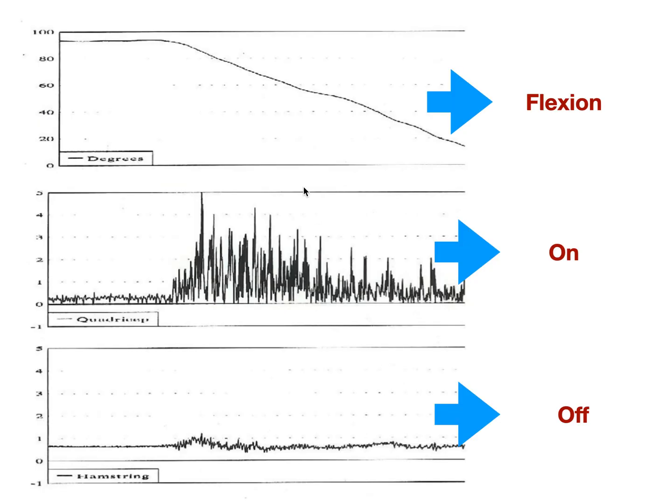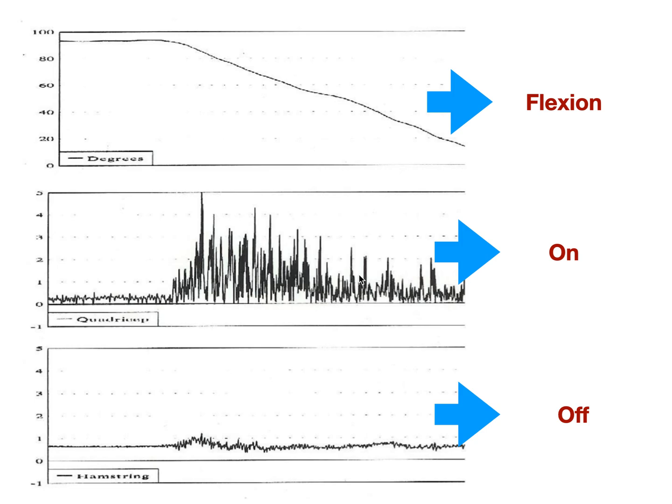So we can explain the task by these three graphs. By the knee angle, we know it's knee flexion, right? And for EMG on quadricep, we know when it starts to flex, the quadricep is turned on. But hamstring relatively is not that much activated.